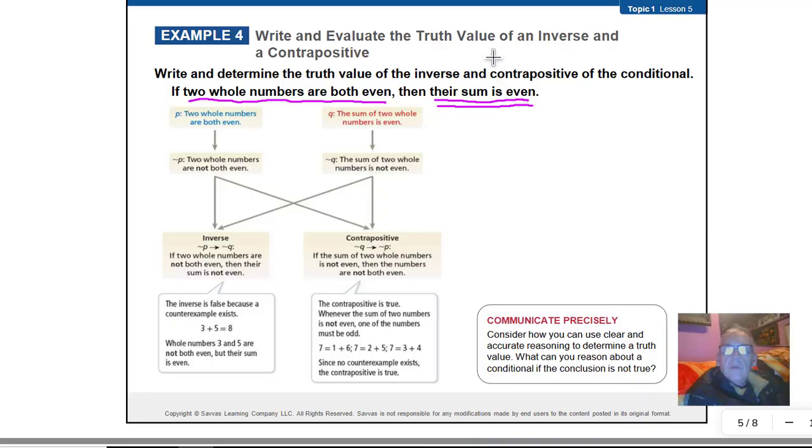So we want to evaluate the truth value of an inverse and a contrapositive. If two numbers are both even, the inverse is: if two numbers are not both even. If we want to form the inverse of the sum of two numbers is even, then we could say the sum of two whole numbers is not even, or we might say the sum of two whole numbers is odd, because sums are going to be either even or odd.